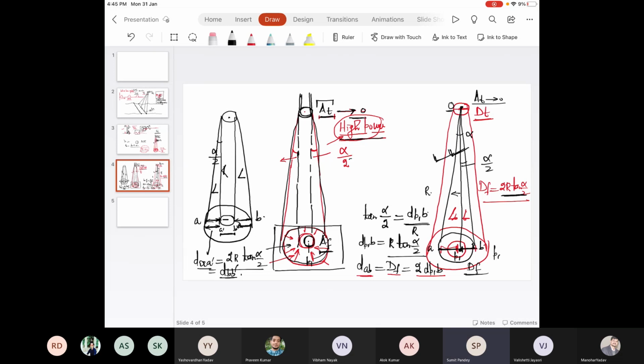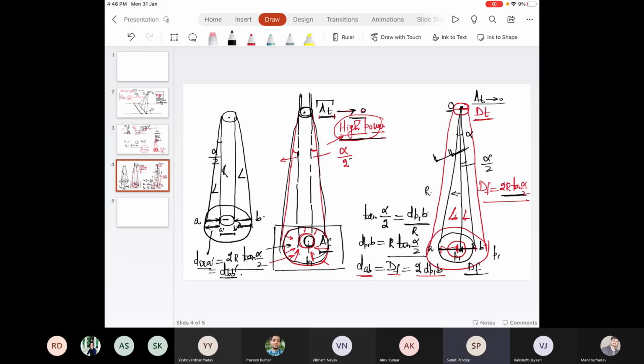Which length are we taking as R? It can be taken as this range; the flying altitude can be taken.